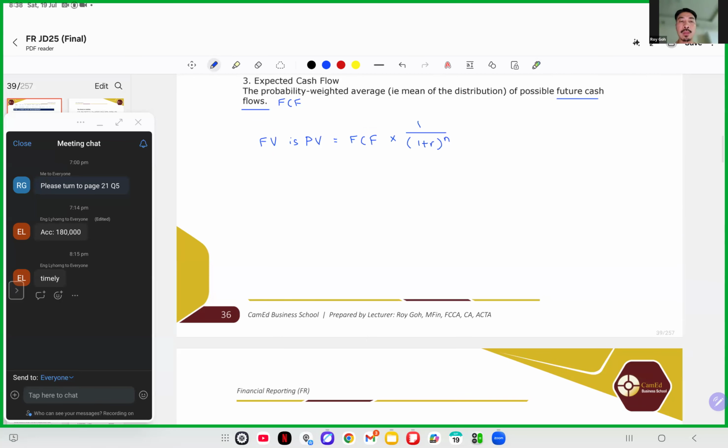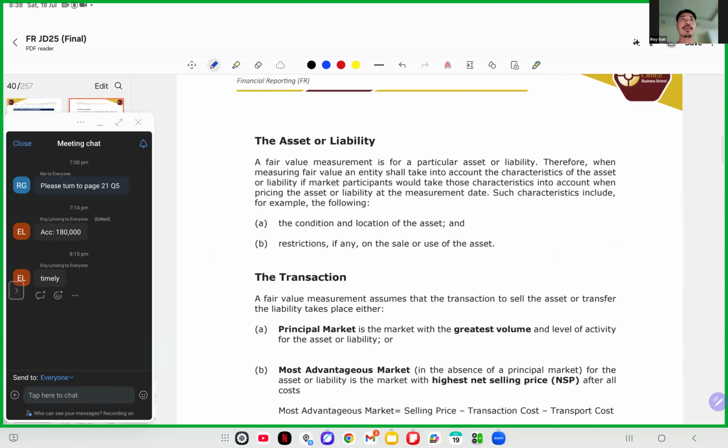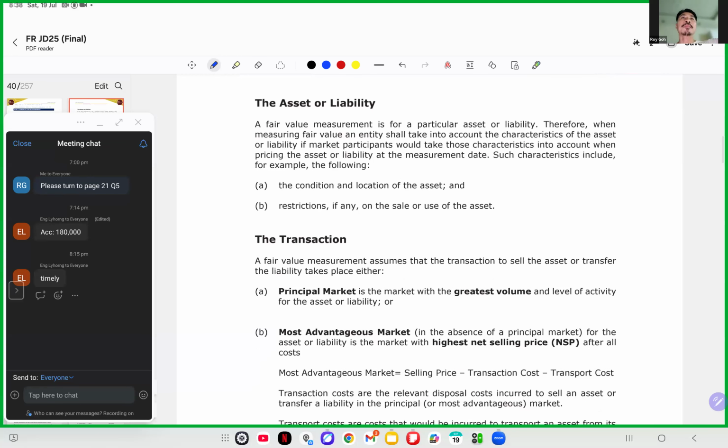Next one. On page 36, what do we learn? The condition and the location. Basically, if you have good condition, like brand new, and if you have good location, like near the river side, you have high fair value. Make sense, right? Good.